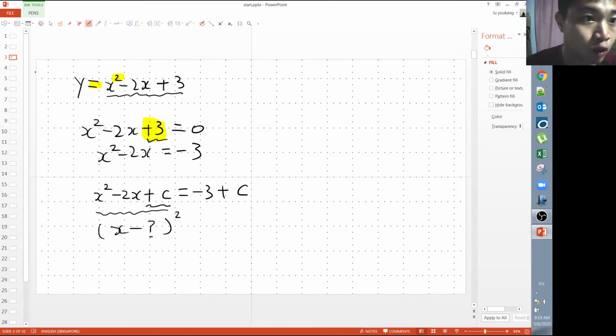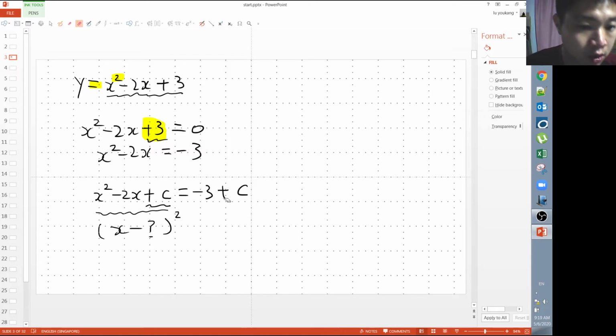Over here I have added a plus c on the left hand side. In order not to change the value of the equation given by the question, I have to add another plus c on the right to balance the equation.